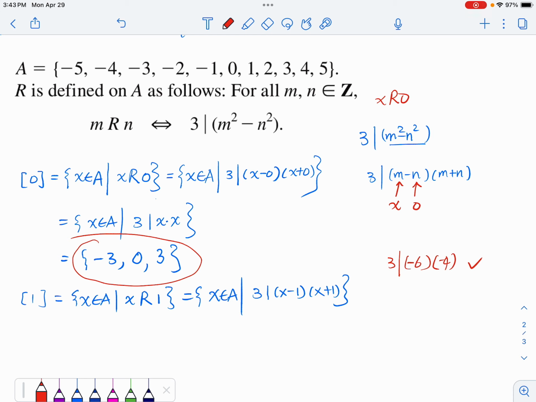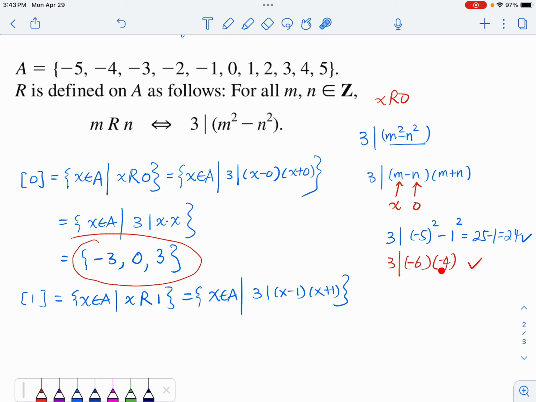So yes, definitely. If you prefer to work with the unfactored form, you can certainly do that. You just check, does 3 divide -5 squared minus 1 squared? n is your 1, by the way. This is 25 minus 1, which is 24. Yes, you can make the same conclusion.